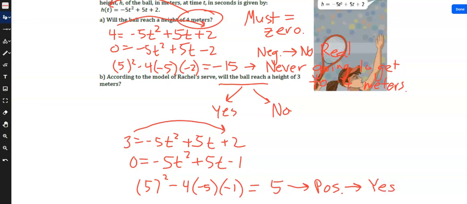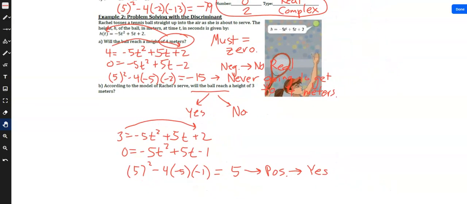It'll actually happen twice, once on the way up. Well, she's hoping it doesn't happen on the way down, because she's hoping she actually served the ball. If it's twice, she didn't do a good job of serving the ball. You know what I'm saying.